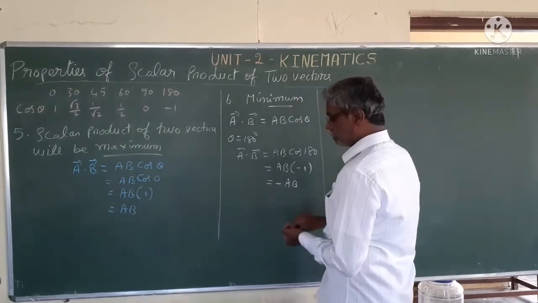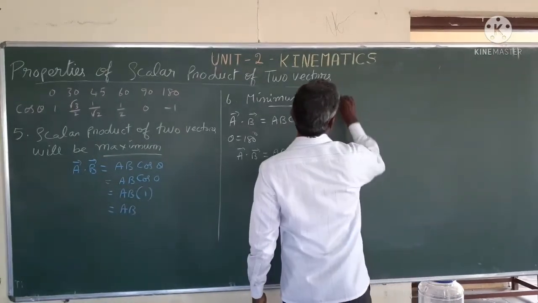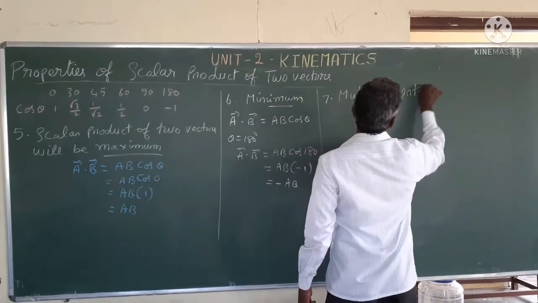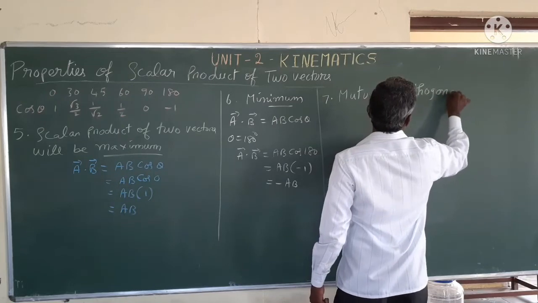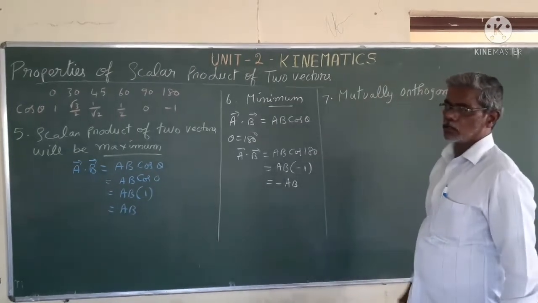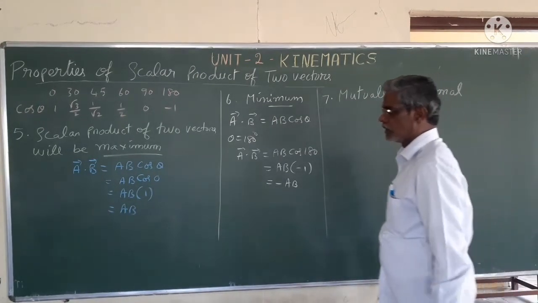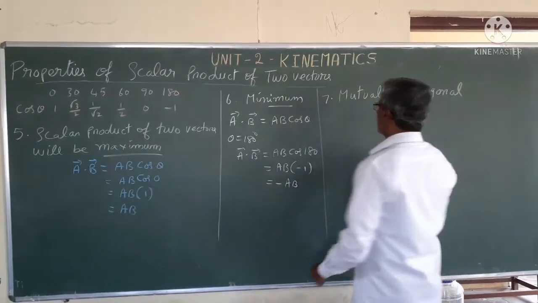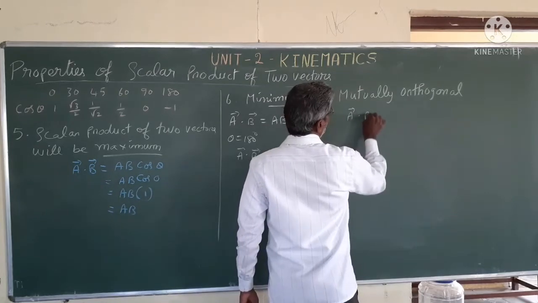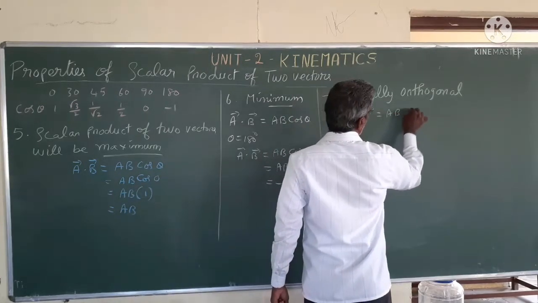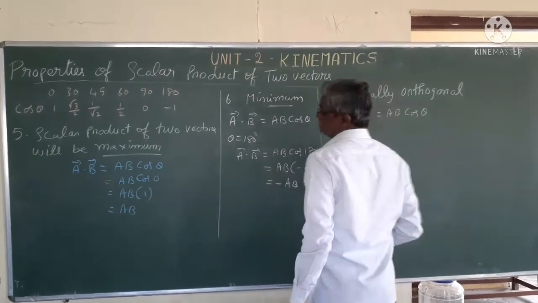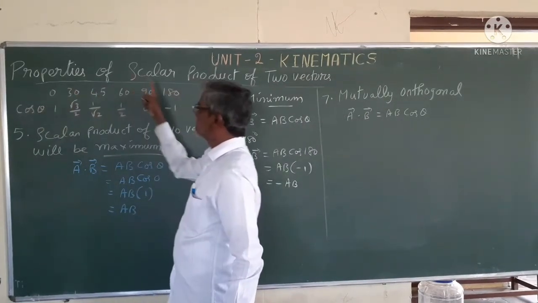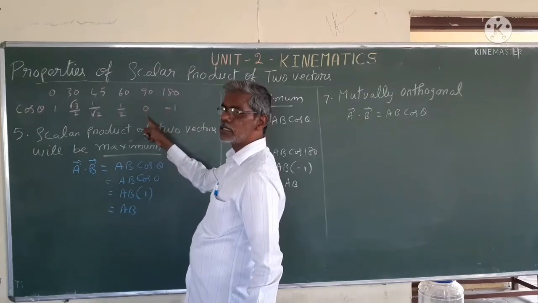Next, seventh property, mutually orthogonal, that is 0. And the product of these two vectors will be equal to what? 0. So A vector dot B vector is equal to AB cos theta. When will A vector dot B vector be equal to 0? When theta is 90 degrees, the answer is 0.